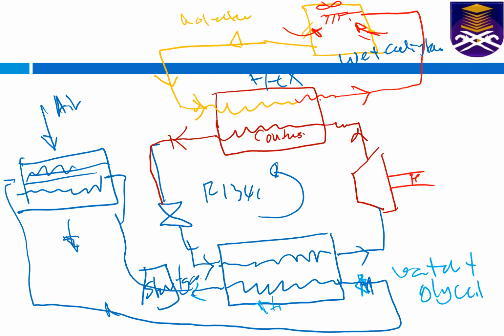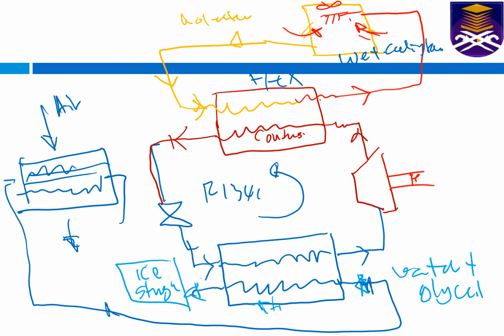At night, in order to reduce the energy consumption, because the electricity bill at night is cheaper than in the daylight, what will happen during the night after office hours? The chiller will be operated to produce a lot of ice, and this ice will be stored in the ice storage.